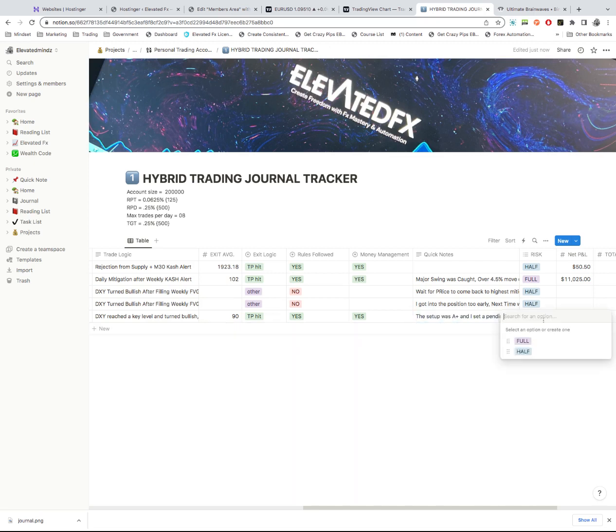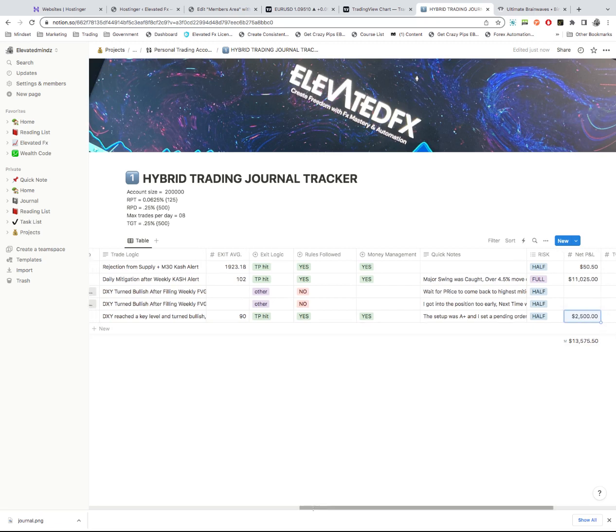And I risked half. 0.25 is half of the information I've been using here. And there's no net P&L because this is, again, if I were to throw something in here, I'd be like, whatever, $2,500 or something like that, right?